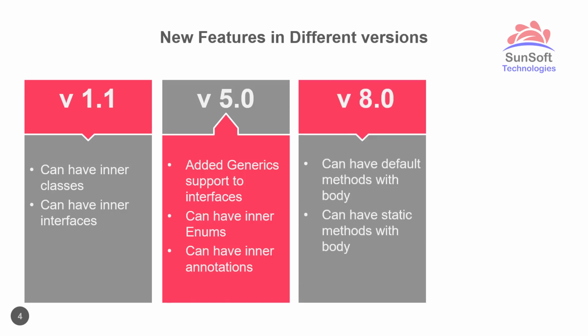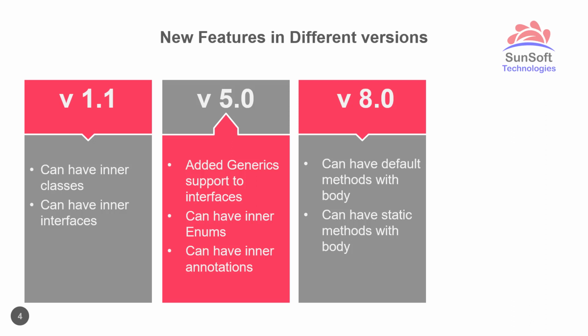But the major changes happened in version 8, which is specific to an interface. From version 8 onwards, you can declare a method as default and can provide the method with a body. So from version 8 onwards, interface methods can have a body, but you need to declare those methods with the default keyword.